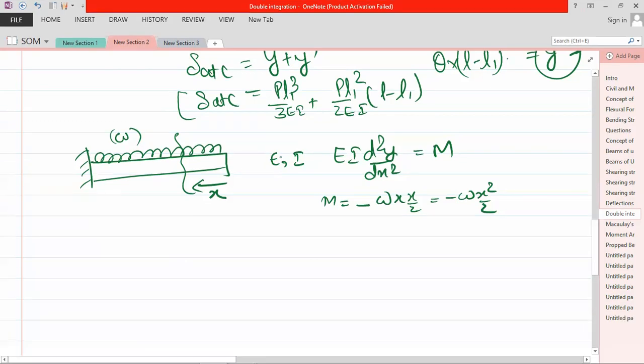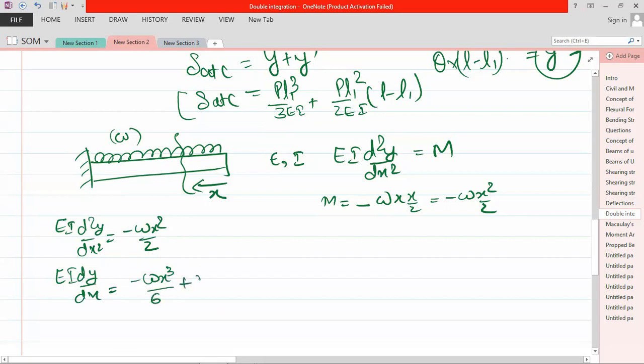Now put it like EI d2y by dx2 is equal to minus w x square by 2, where w is the rate of loading. Now if I integrate, EI dy by dx will be minus w x cube by 6 plus c1.